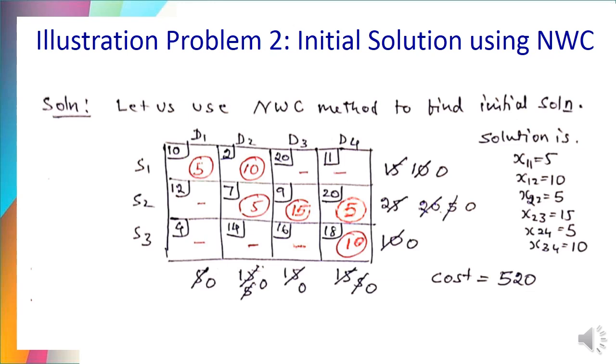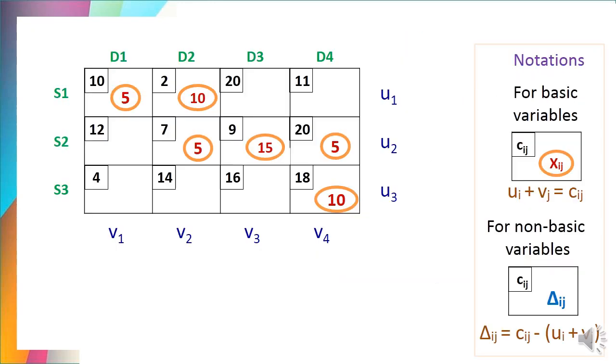Now let us apply the UV method. The cost matrix as well as the initial solutions are written here. For the basic variables, we need to find u and v values so that ui plus vj equals cij.